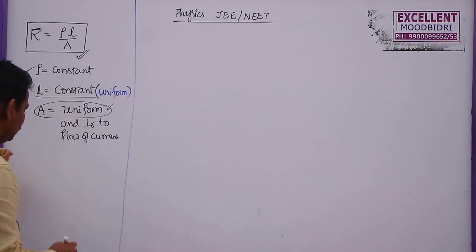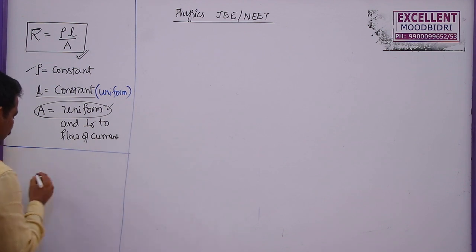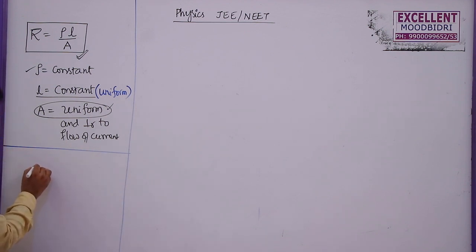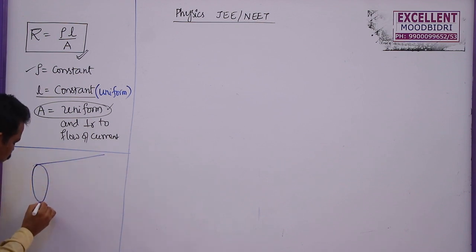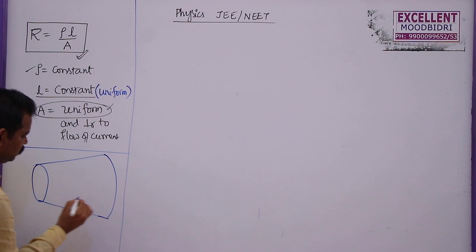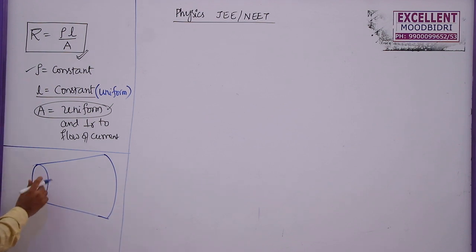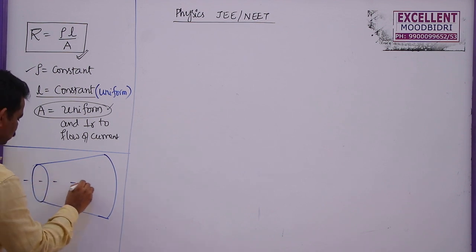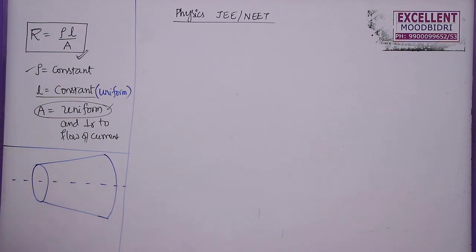Another similar example here. Let me take a truncated cone. Here this is a cone. This is the axis.